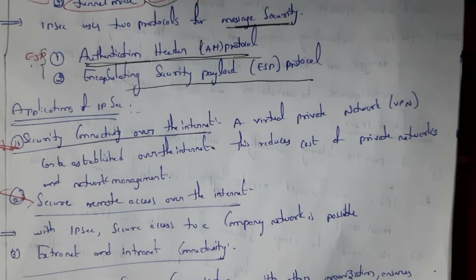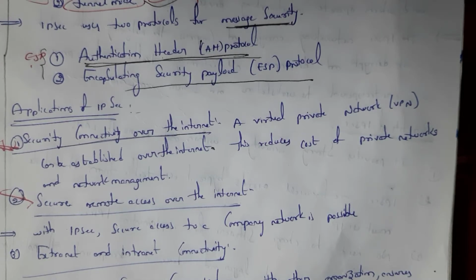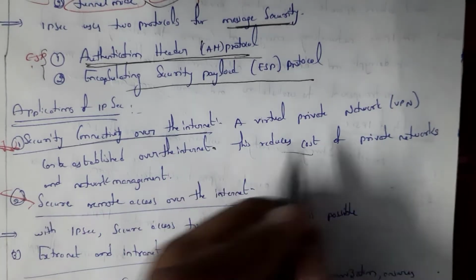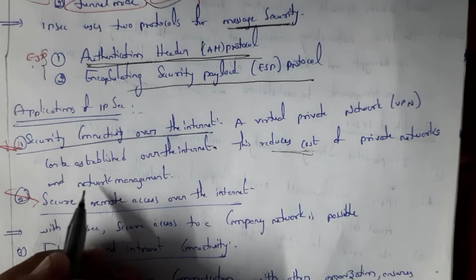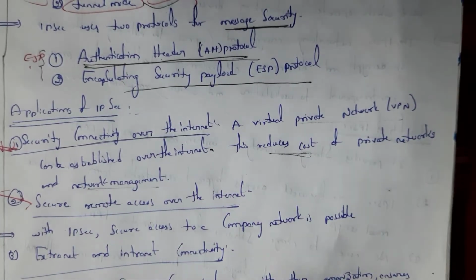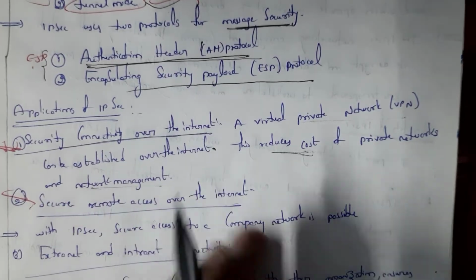There is one network known as virtual private network, which is used for accessing the internet. It reduces cost as well as manages network management. This is known as secure connectivity over the internet.